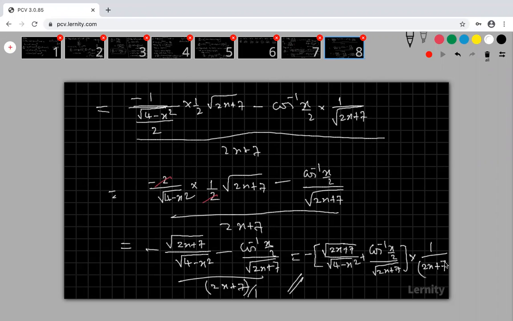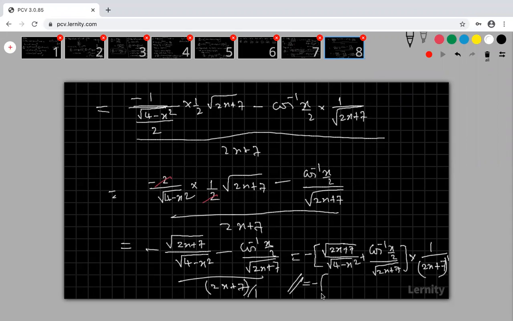Here the power is 1. Here the power is half. So 2x plus 7 can be written as root of 2x plus 7 times root of 2x plus 7. One root will cancel. Here the power is half, here the power is 1. So therefore, it will become 2x plus 7 the whole power 3 by 2. Are you clear what I'm telling? Please try to understand.